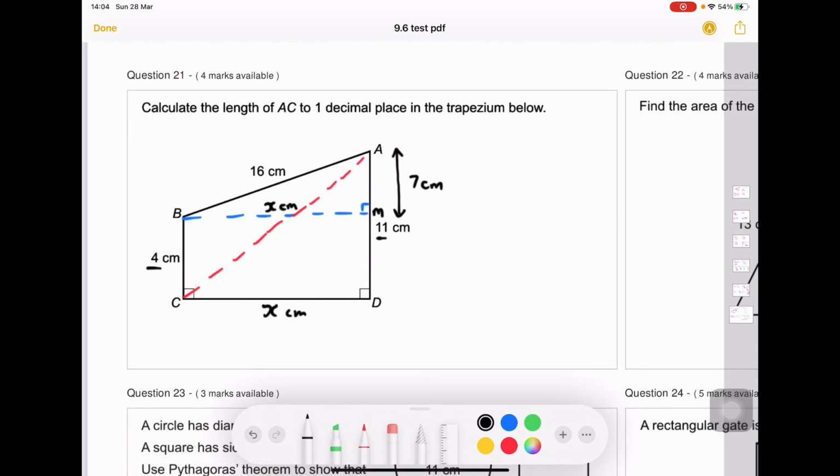So we can use Pythagoras' theorem on that top right angle triangle to work out X. So I'm going to write 16 squared take away 7 squared, which equals X squared.